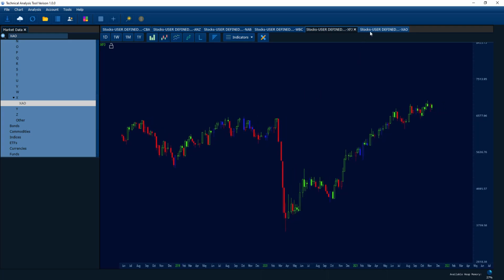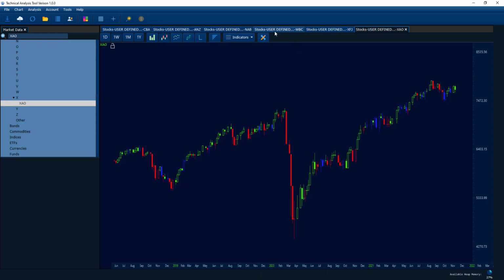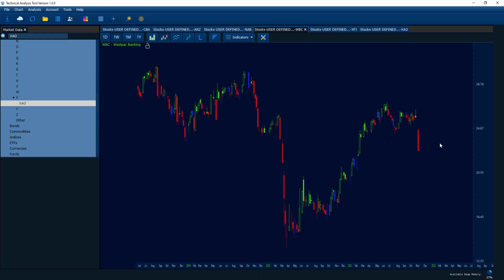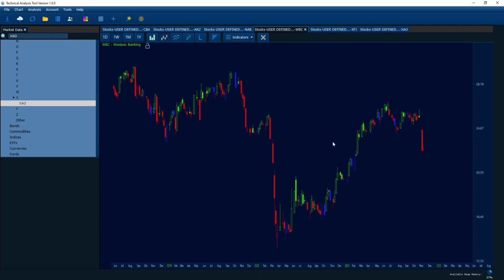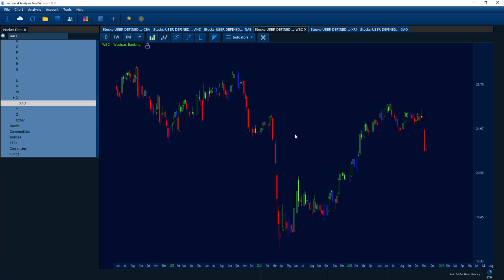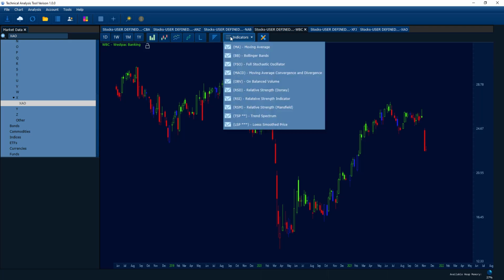The first thing I want to show you is how to bring these two indicators into the chart. As an example, if I want to compare Westpac Banking with the overall XAO, I'll see if this banking share is at the moment underperforming or outperforming the market. First of all, let me bring up the RSD.